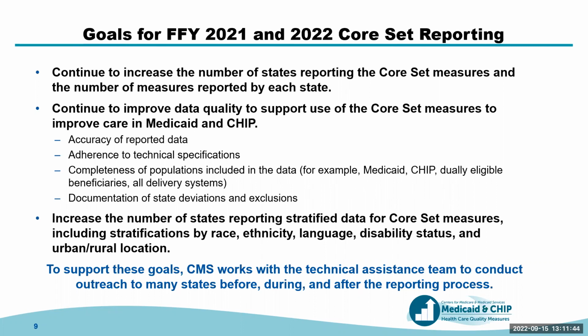This includes improving the accuracy of reported data, improving adherence to technical specifications, improving completeness of populations included in the data, and improving documentation of state deviations and exclusions. In addition, a third goal is to increase the number of states reporting stratified data for core set measures, including stratifications by race, ethnicity, language, disability status, and urban-rural location.